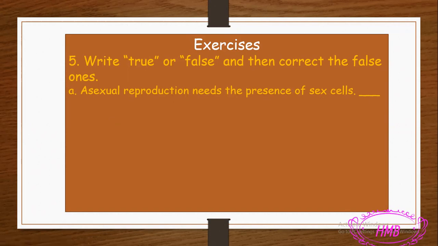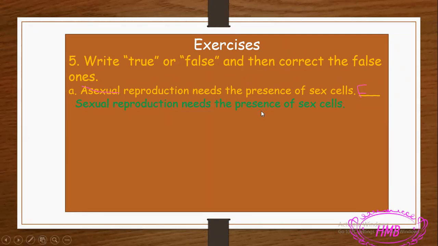Is this presence in asexual reproduction? No, because asexual means not sex, so we don't have sex cells. That means this sentence is false, and we should cross out asexual and correct it as follows.